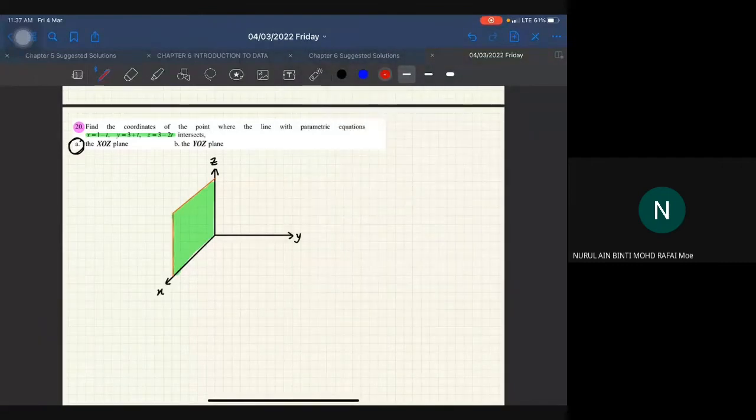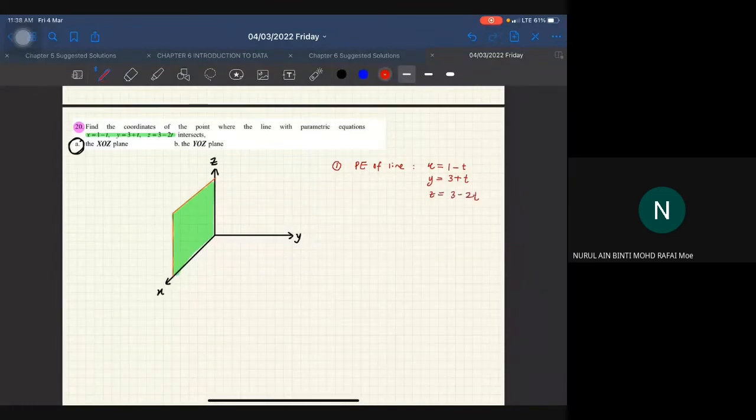Okay, kapal dah lalu. Alright, so untuk kita cari point of intersection, first awak mesti ada parametric equation. PE of line. Okay, so PE of line awak adalah X equal to 1 minus T, Y equal to 3 plus T, Z equal to 3 minus 2T.